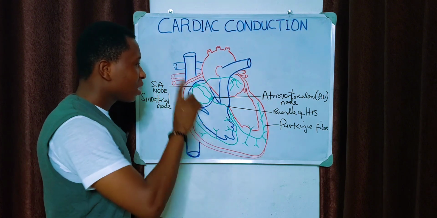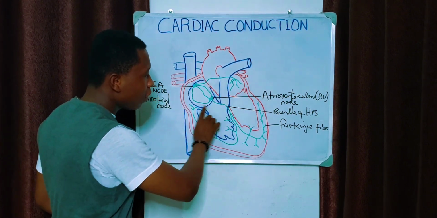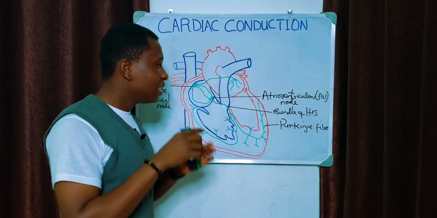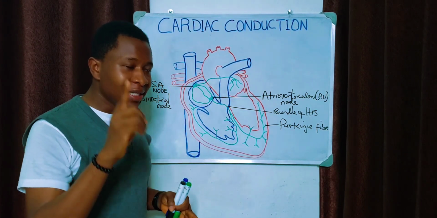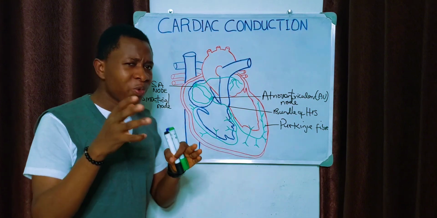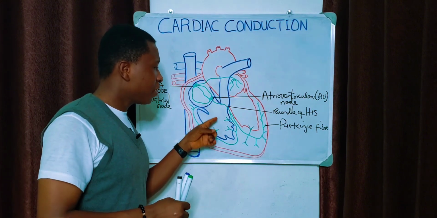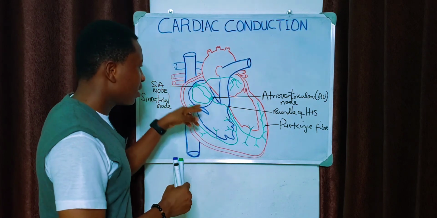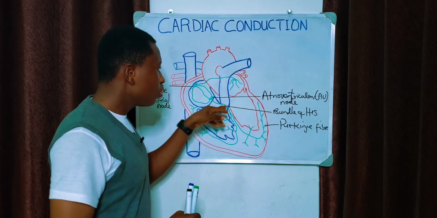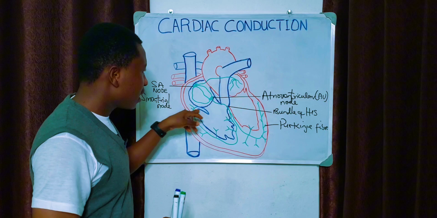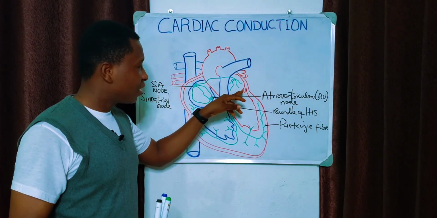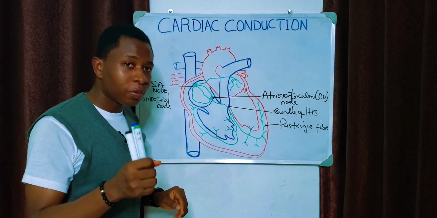All right. Now, ideally, the floor of the atrium is actually non-conductile. That means it doesn't conduct electricity. And this is important because we do not want the atrium and the ventricles to contract at the same time. So there is a non-conductile muscle at the floor of the atrium.